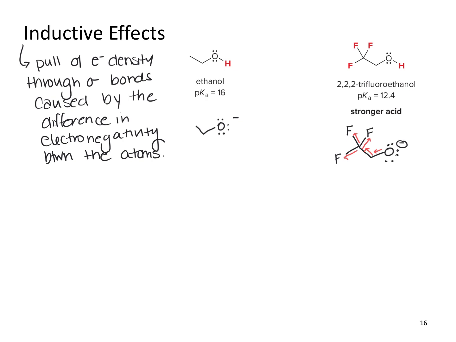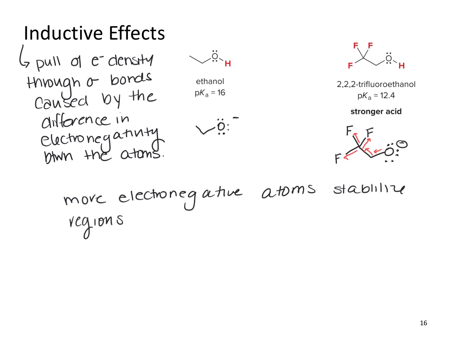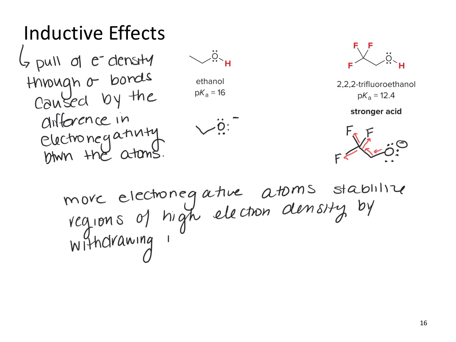So more electronegative atoms stabilize regions of high electron density, right? By this withdrawing inductive effect, right?